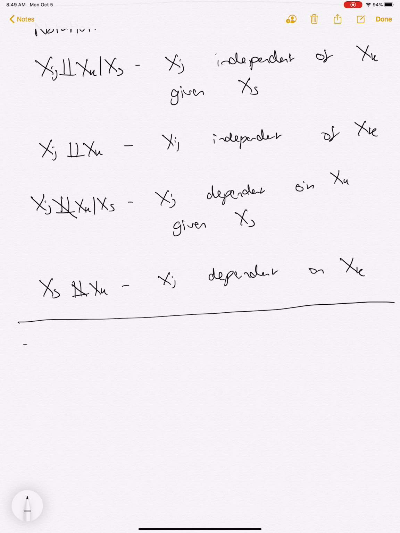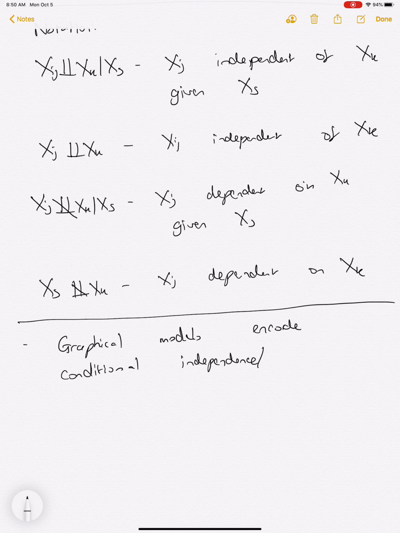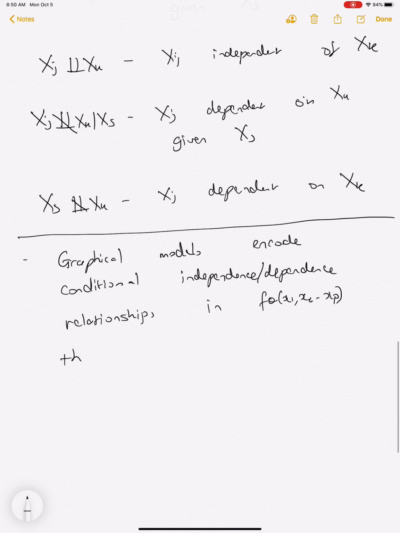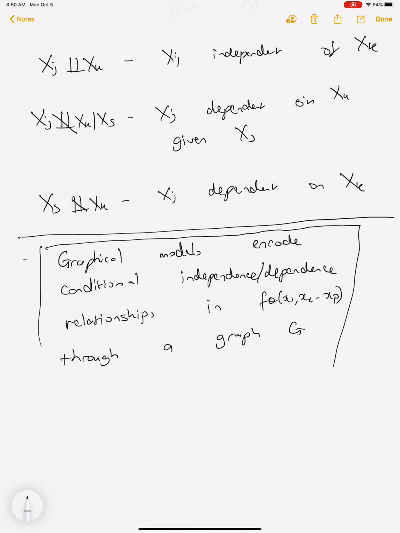Okay, and so probably the most important thing to just take out of this intuitively, and I did mention this in the previous lecture, but I'm going to mention it again, is that graphical models encode conditional independence or dependence relationships in f theta of x1, x2 up to xp through a graph G. So it's worth trying to get your head around what this is really saying.